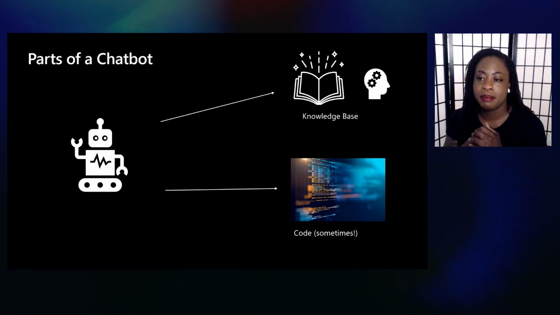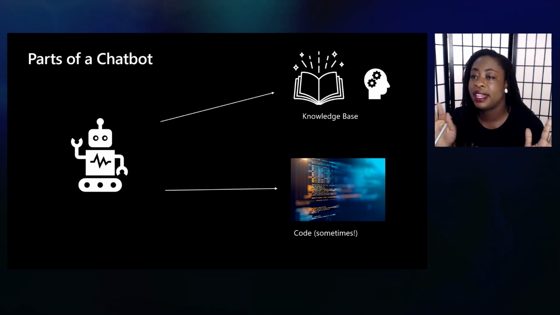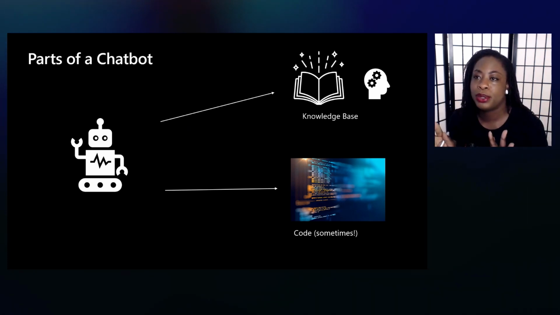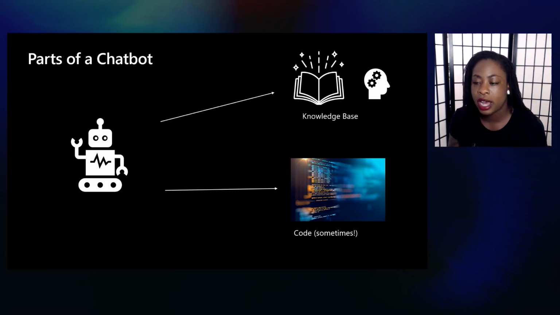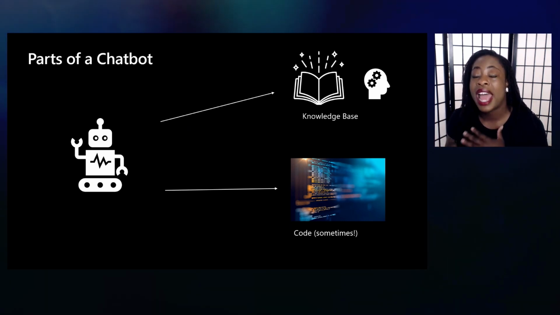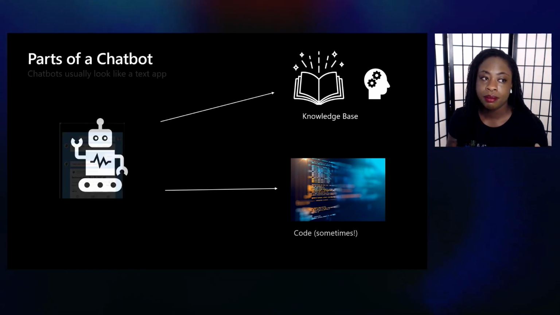Now, sometimes the other part of the bot is going to be some code. And as I said before, the Bot Framework Composer is a low-code solution to creating a chatbot. So bots don't always necessarily have code in them, but they can.